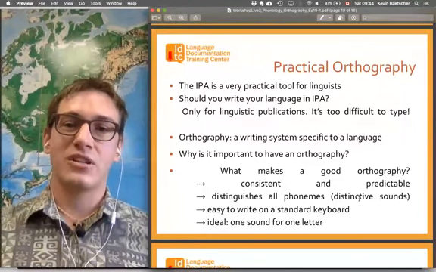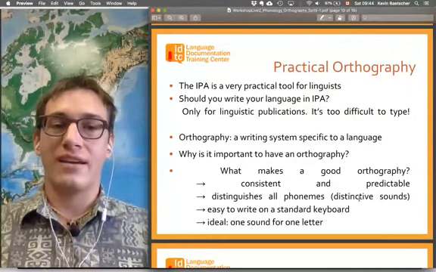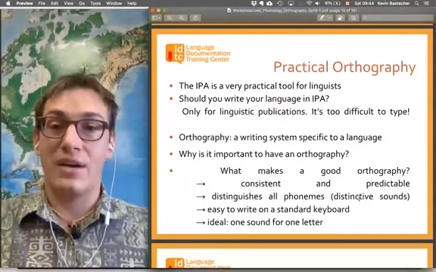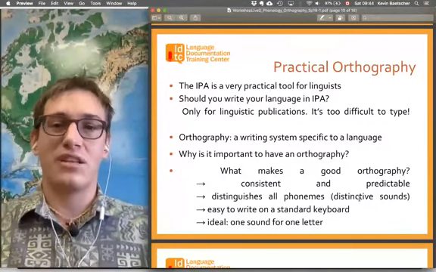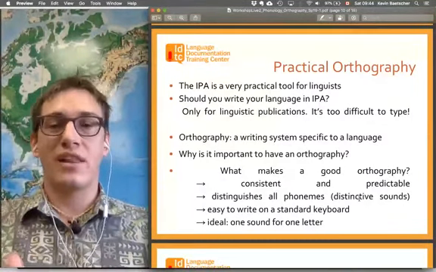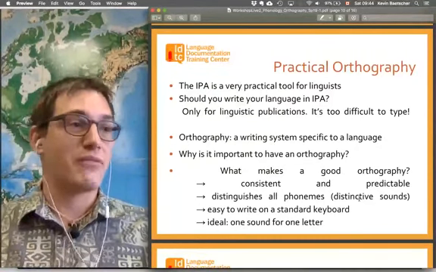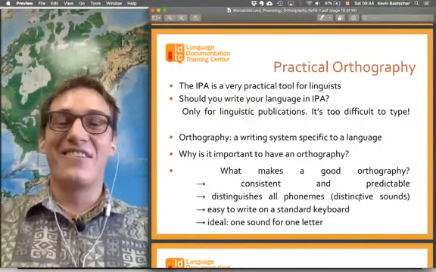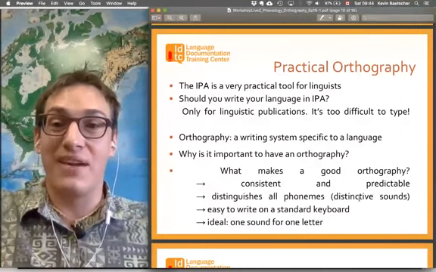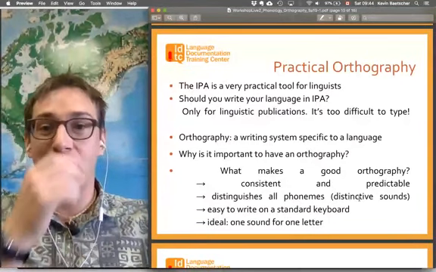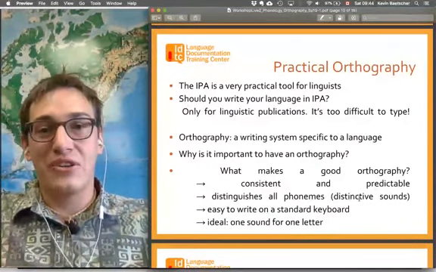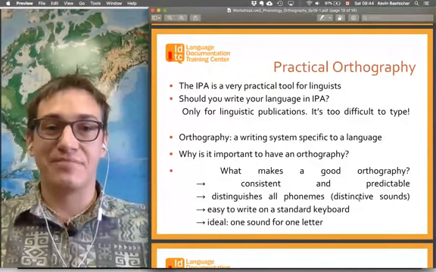You don't want to go about writing your language in IPA all the time, because it's difficult to type. There are a lot of special symbols. Even linguists won't write English with IPA. Other people wouldn't understand. You've got to make yourself understood as well.